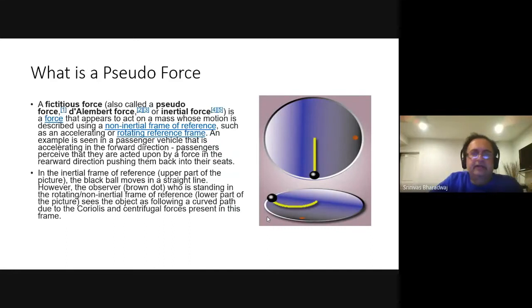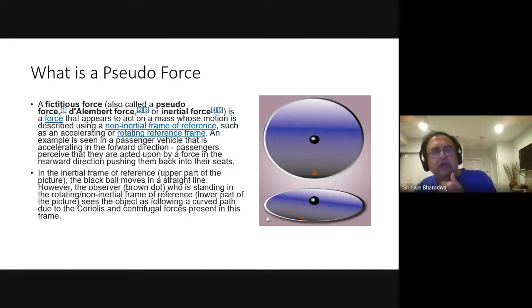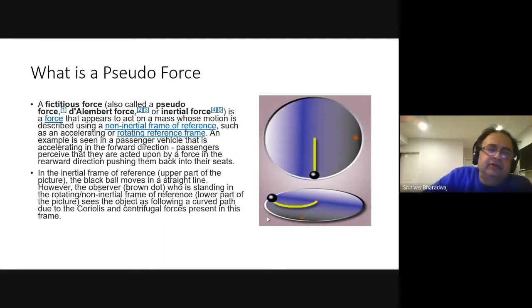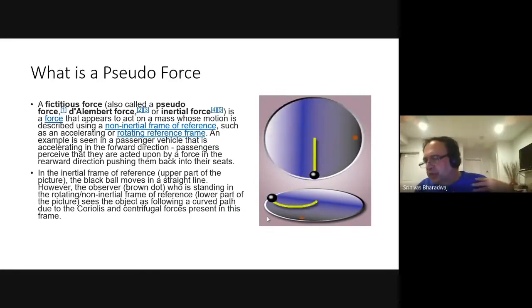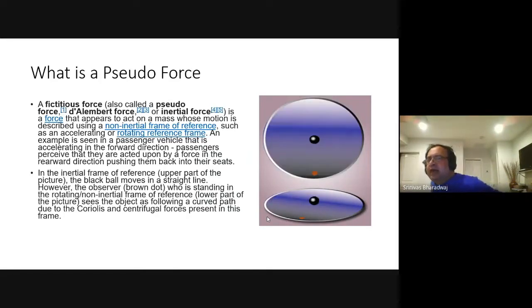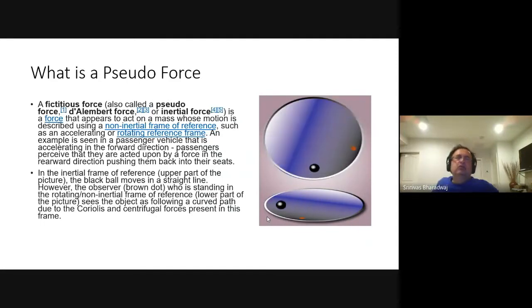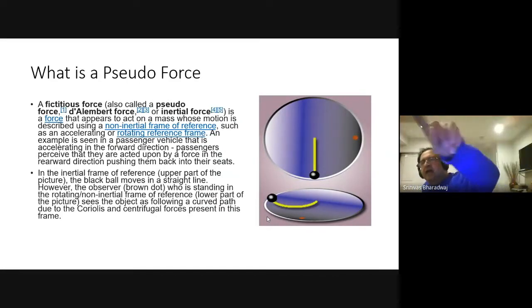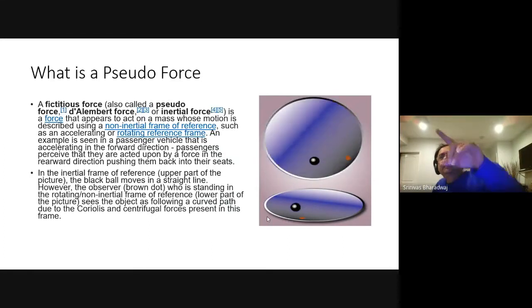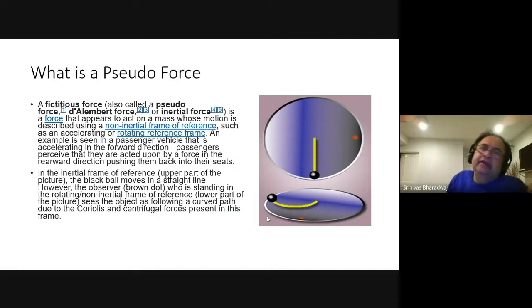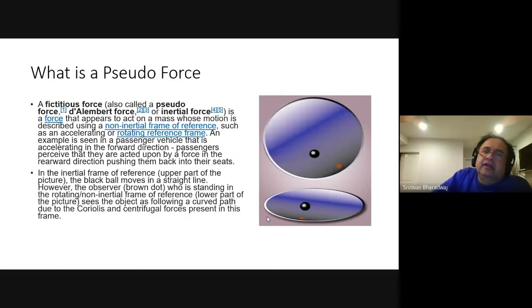Coriolis force is the name given when you have centrifugal force, etc., when you move in a circular path. But the idea is that because you are moving with an acceleration, you make the other side have a negative A as you see it. If I make the other side have a negative A, then I'm looking at it from an inertial reference frame.